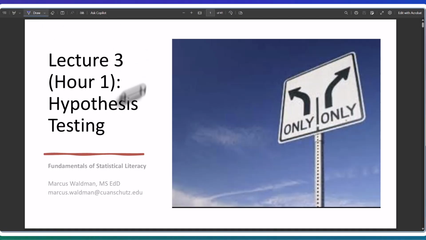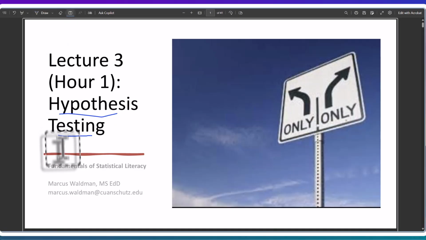Today, we are going to be talking about hypothesis testing. I am certain, if you made it this far along, that you have at least heard the term hypothesis testing, even if you've never actually done it before, or you don't fully understand what exactly it means.